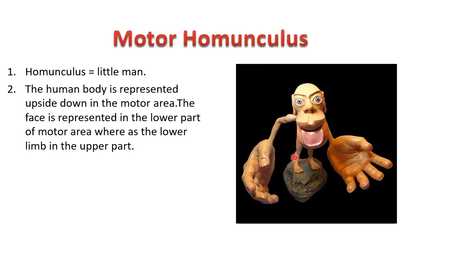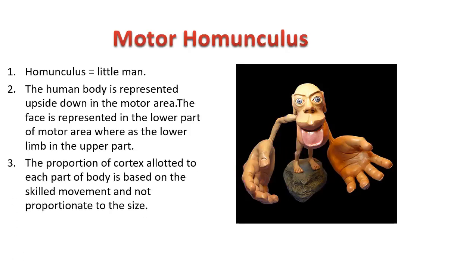It is based on the skill of the movement, because our fingers mainly perform very skillful movements like playing music, writing, or using tools. So naturally, intricate skilled movements have to be performed by our digits or hands. That is why it has a very large representation.